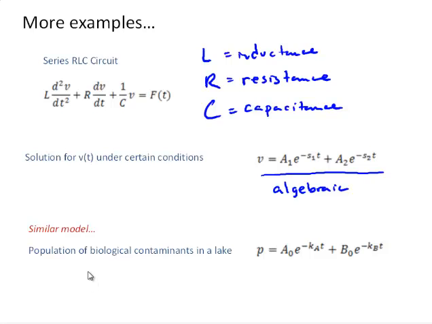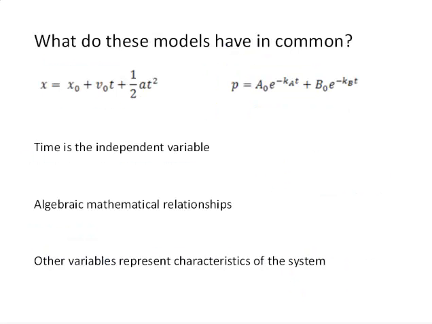Here's a similar model I just threw in here just to see how things are common across disciplines. This is a decay model for population of two biological organisms, which we would call A and B, looking at their total population of those contaminants in a lake and how that decays over time. So what do these models have in common?